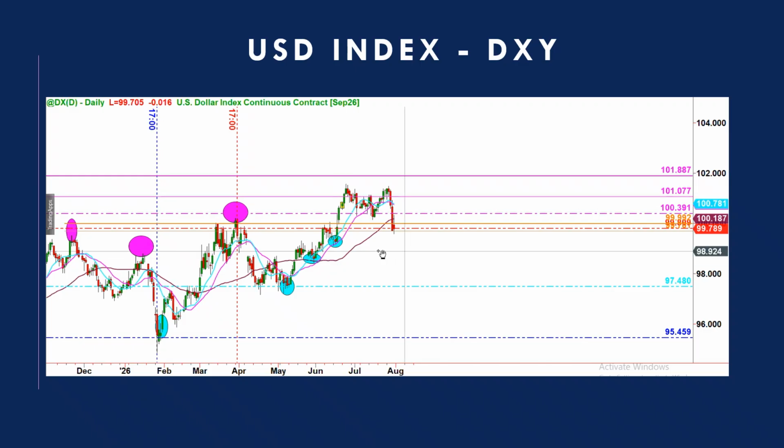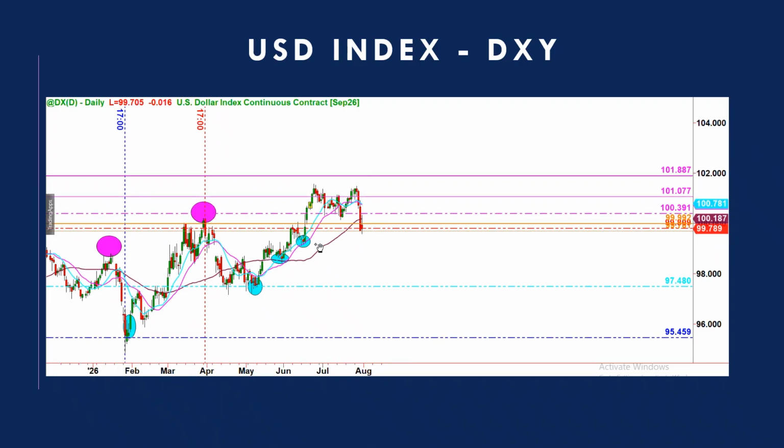So there is a chance that it could get a bounce off these areas, but it could then not be able to clear out the support area about 100.39 or slightly below that, because that was the area which was trying to stop its downward movement, and now we could find a lot of sell orders left behind in this area, and it would act as a supply before it could attempt to move further up.